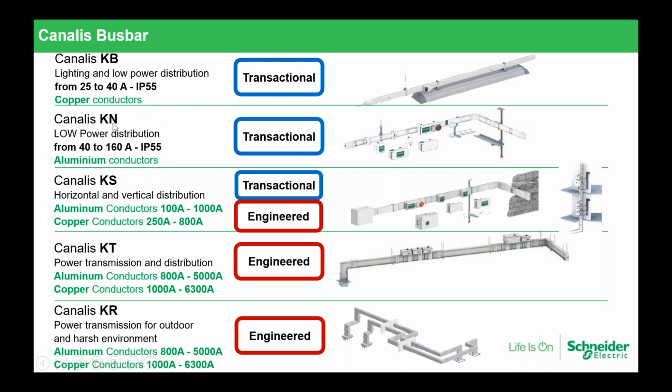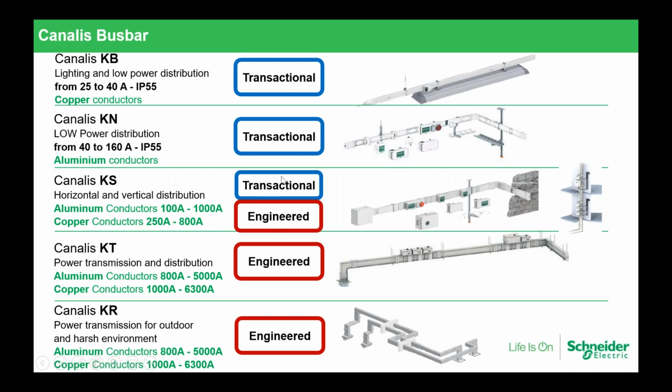After this, we have Canalis KN, which is our low power distribution offer starting from 40 amps up to 160 amps. And again, IP55, but this is aluminum conductors only. And again, it's one of the ranges that are in stock, and it's transactional. And after this, we are going up in ratings, and you have Canalis KS, which is our medium power distribution bus bar with horizontal and vertical distribution.